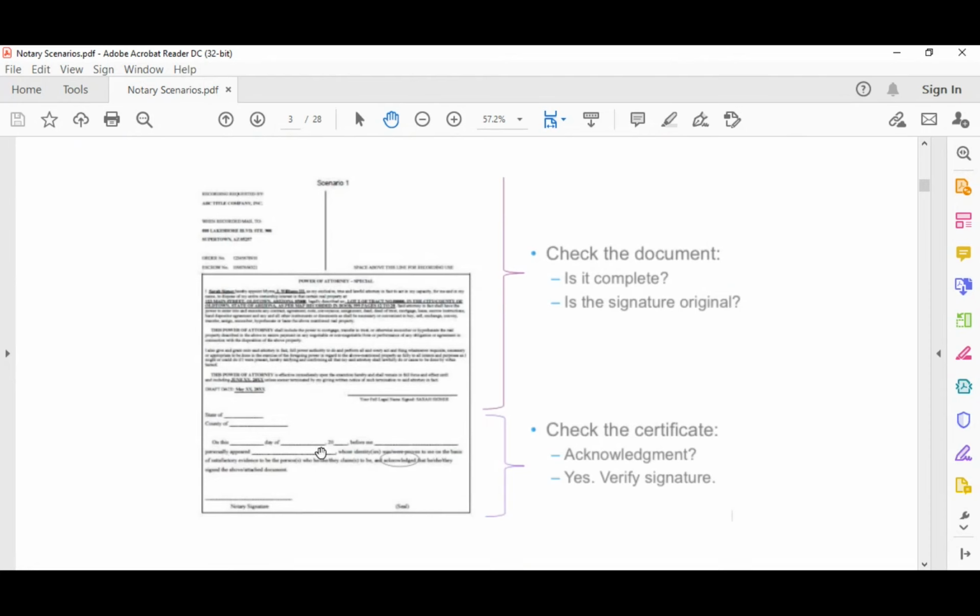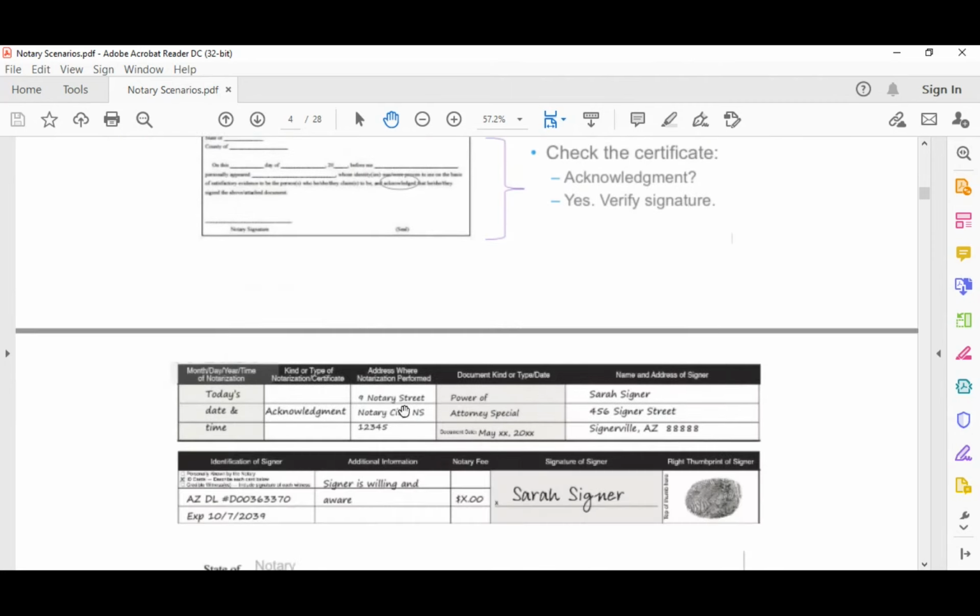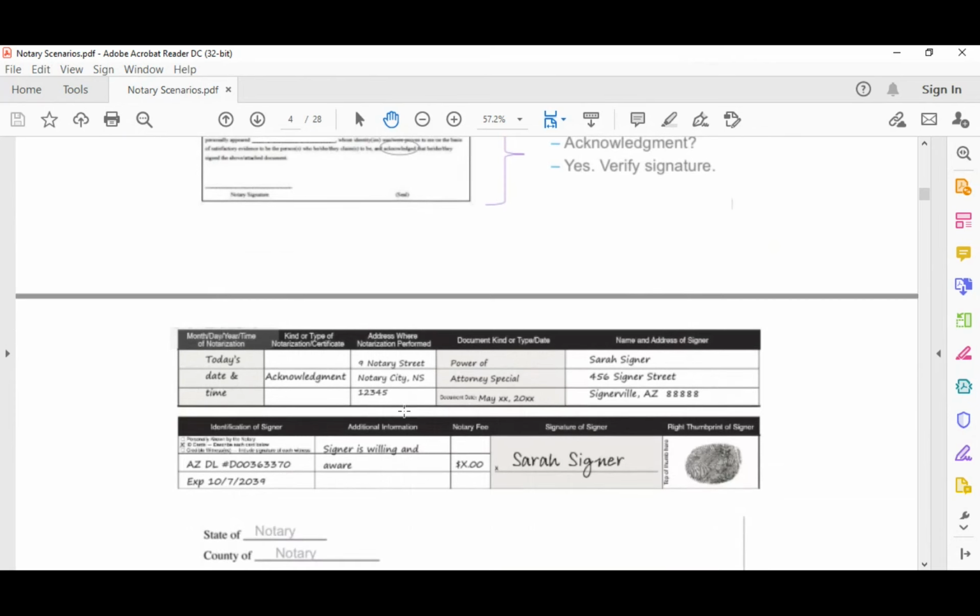You check the certificate to see what type of certificate is attached here because it doesn't have a title. You notice acknowledgement in the notary wording, so you know that it is an acknowledgement. Okay. So because the certificate is complete and it does meet your state requirements, you can go ahead and notarize it. First thing you want to do is record the information into your journal.